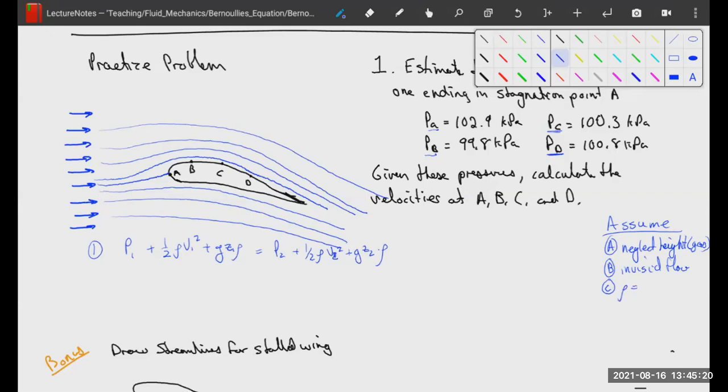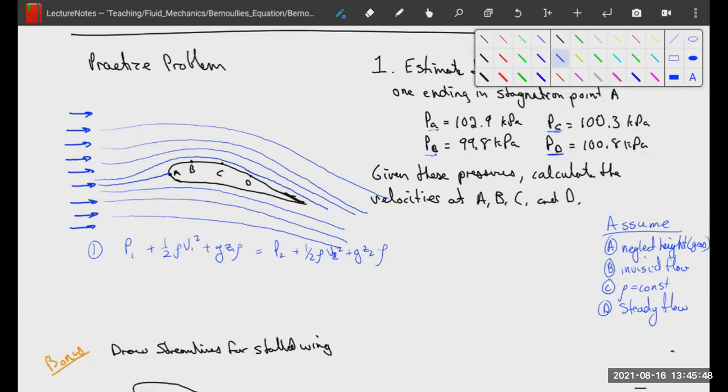If you have habituated writing these things down in a certain order, changing the order actually engages your mind and causes you to remember them better, so that you're not just in an exam freaking out and your habits leave you, right? You actually remember them. So rho is equal to a constant, and D, it's steady state, steady flow.